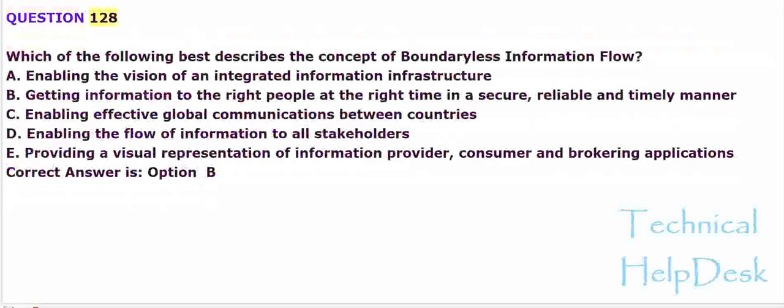Question 128. Which of the following best describes the concept of boundaryless information flow? A. Enabling the vision of an integrated information infrastructure. B. Getting information to the right people at the right time in a secure, reliable, and timely manner. C. Enabling effective global communications between countries.